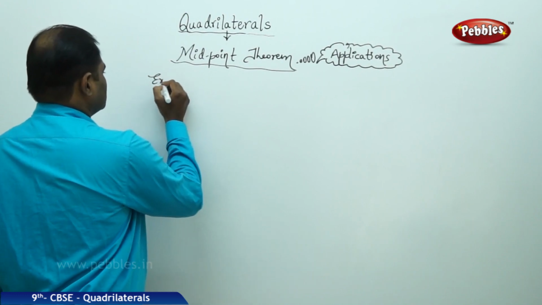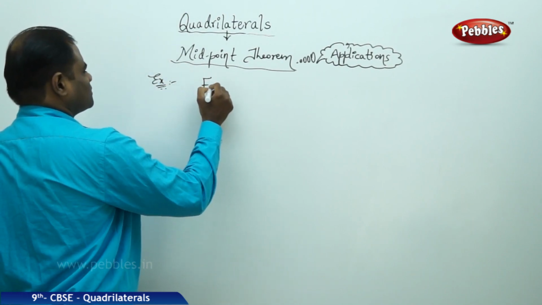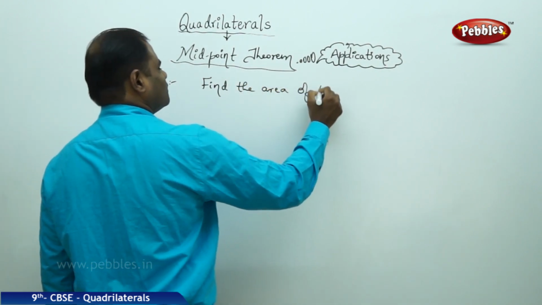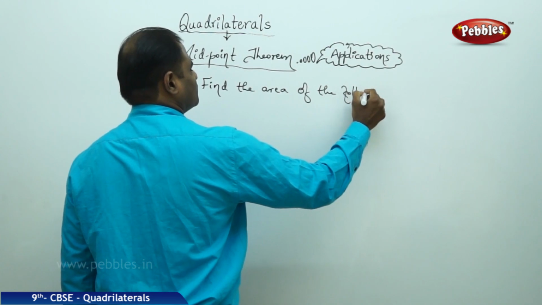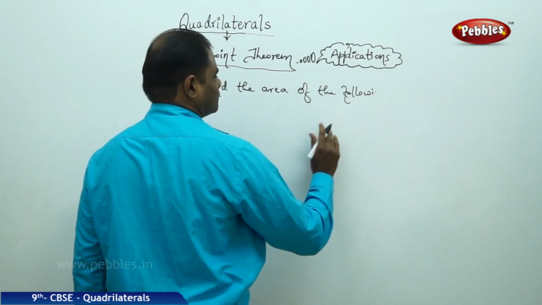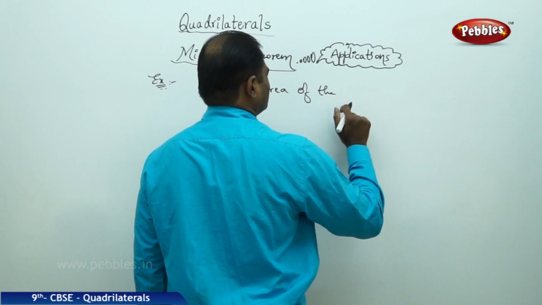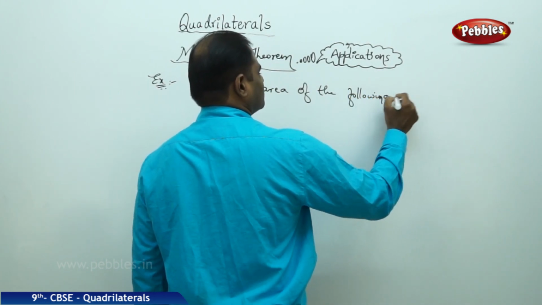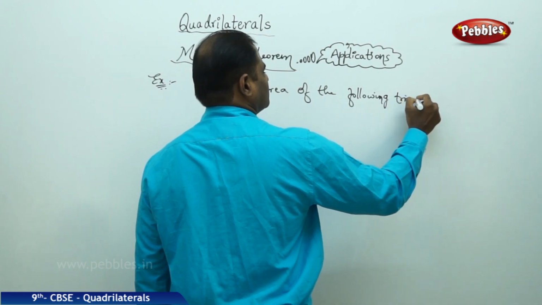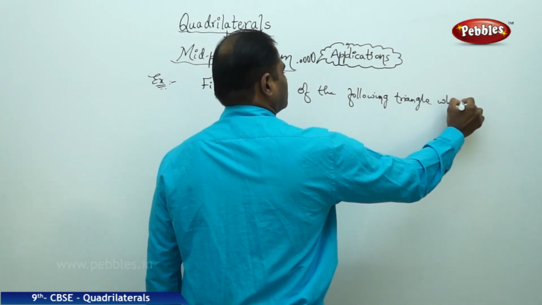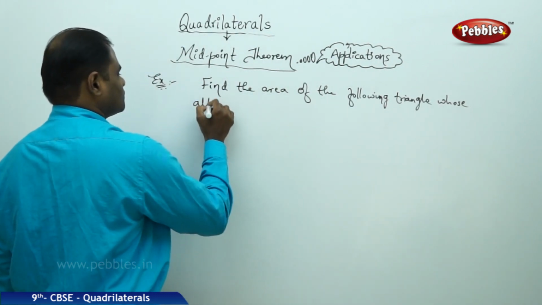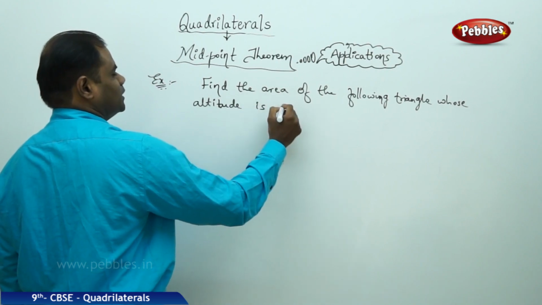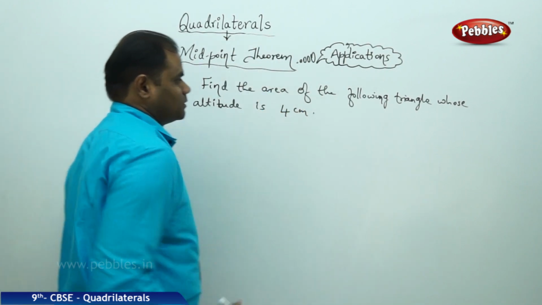Here I have a question which says, find the area of the following triangle whose altitude is 4 centimeters.